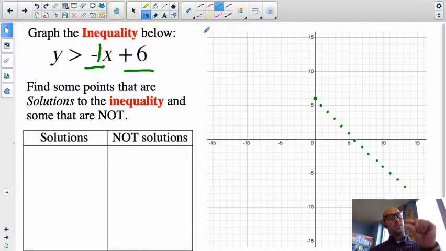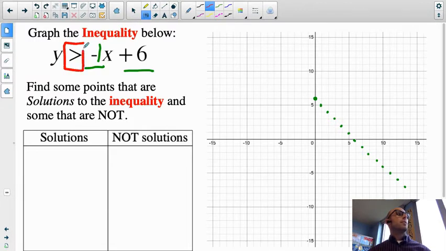Now here's a little tweak already, a little thing we need to look at. You may have noticed that this symbol here, not only is it not an equal sign, but it doesn't even have the equal part of it, right? This inequality is saying we strictly want y values greater than this line we can think of, this boundary.